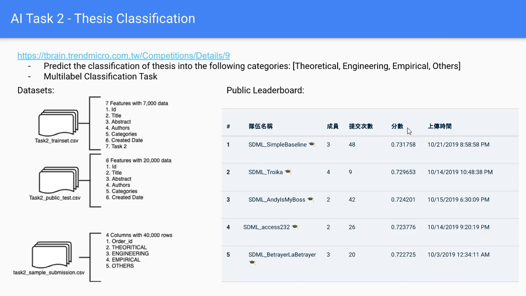With this data we can test our result in the system, and then we will get the score and also the leaderboard for this data. As we can see right now, the latest leaderboard is 73%, and then the second one is 72%, and until the fifth ranking, 72%.